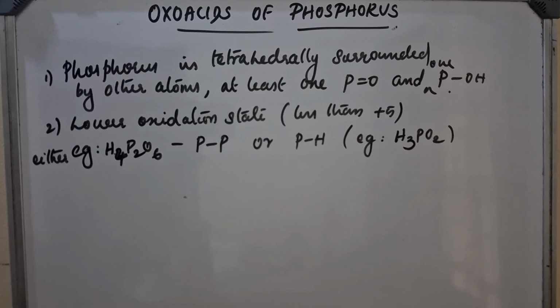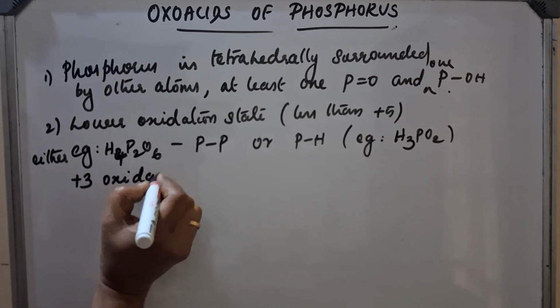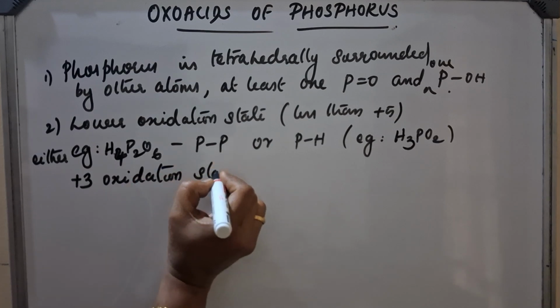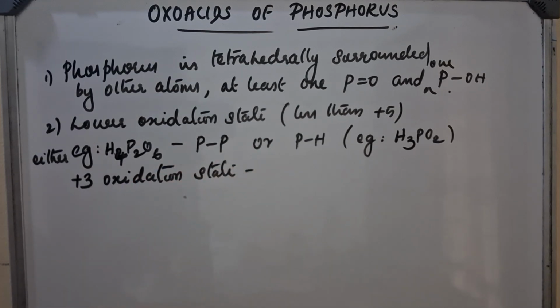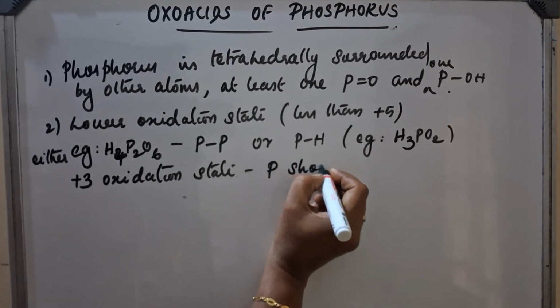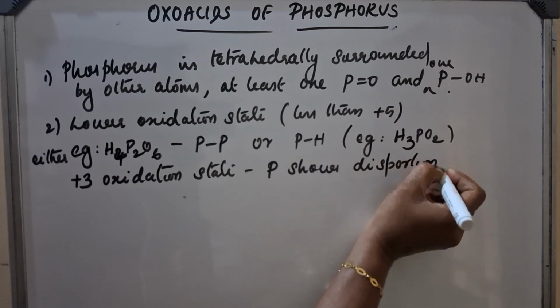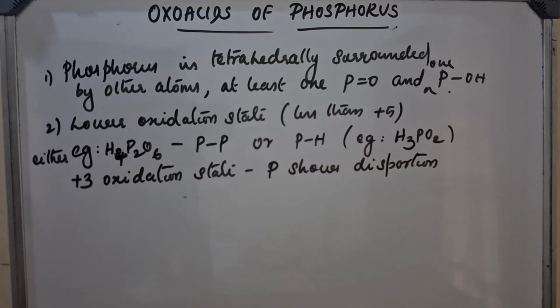Now, those having +3 oxidation state show disproportionation. We can discuss it with an example, H3PO3.